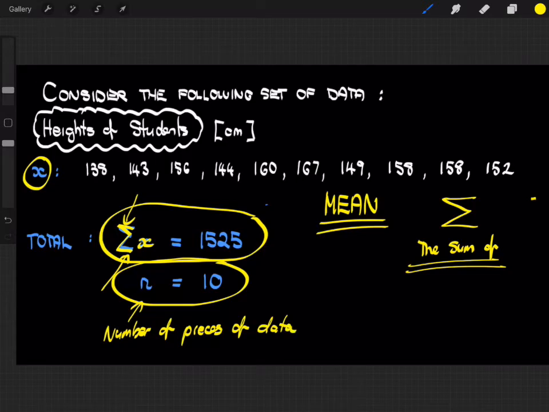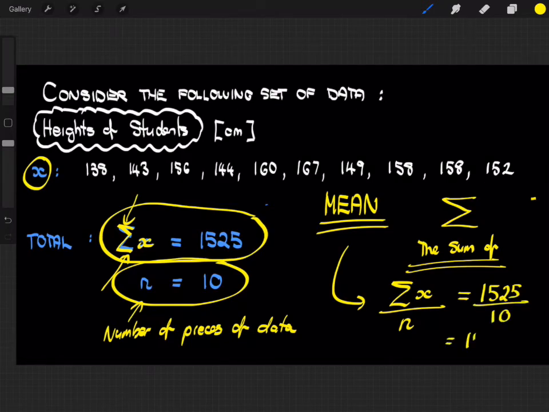To work out the mean, it's the sum of all the values divided by the number of pieces of data. So in this particular case, it's going to equal 1,525 divided by 10, which equals 152.5.